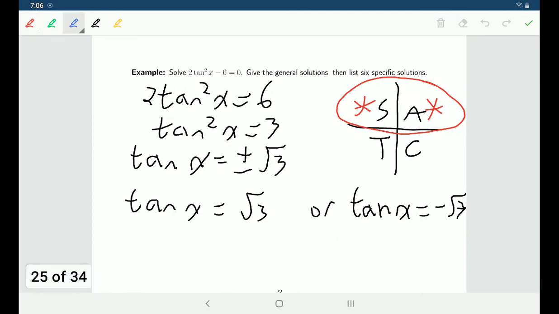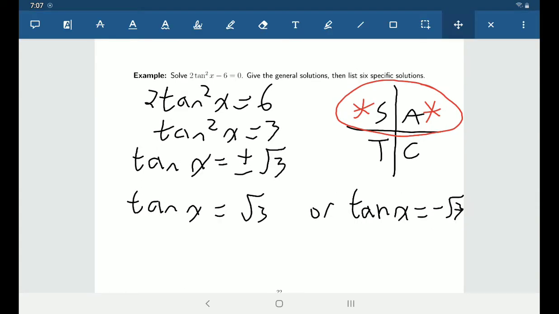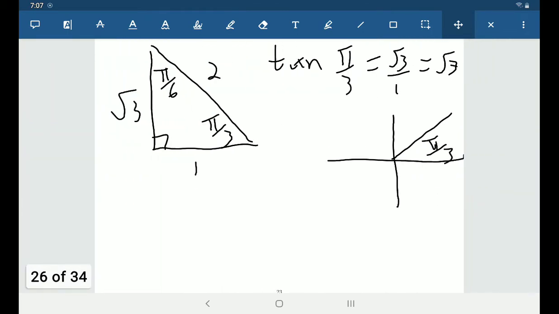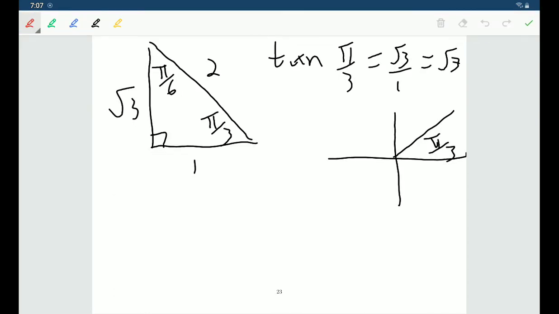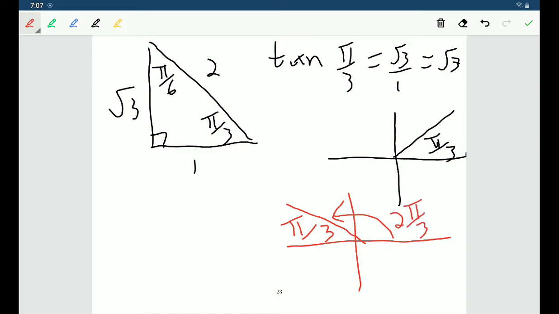We also need a solution where tangent of x is equal to negative root of 3, but we know where that will be. That will be in quadrant 2, because in quadrant 2, that's where tangent is negative. And we already know the reference angle, too. I mean, we know that the reference angle would be pi over 3. Which means the angle in quadrant 2 should be 2 pi over 3.